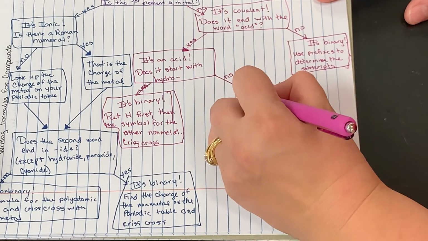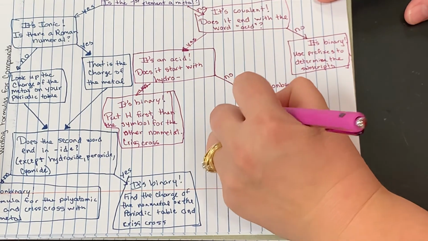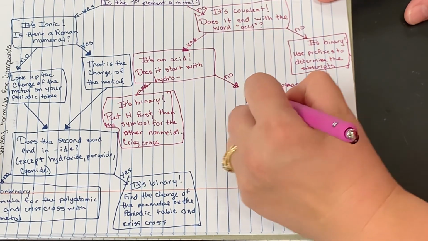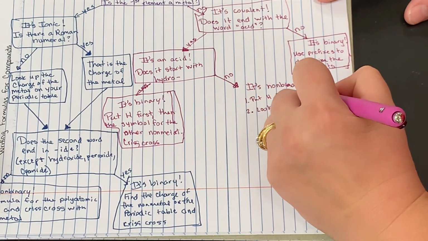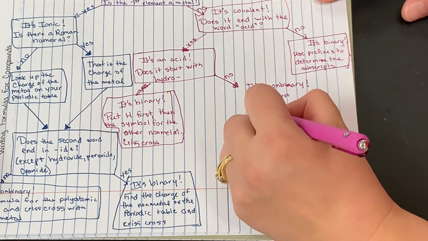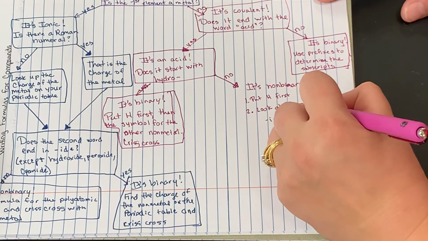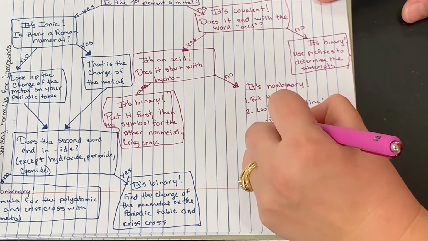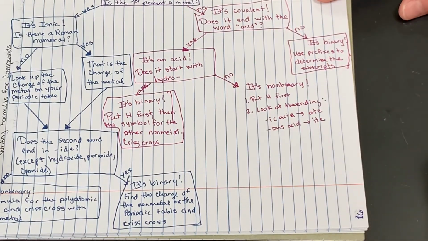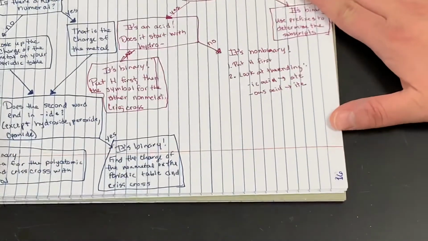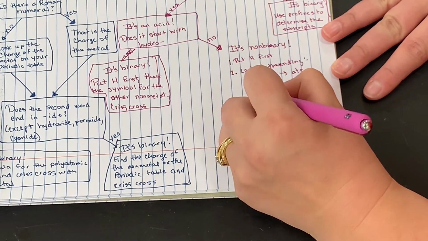So step 1, put H first. All acids start with H. Step 2, look at the ending. If it ends in ic acid, that is an ate polyatomic. If it ends in ous acid, that is an ite polyatomic. So then you are going to find the polyatomic ion.